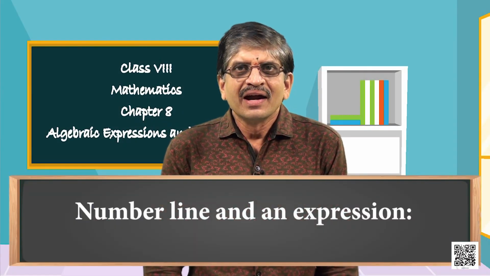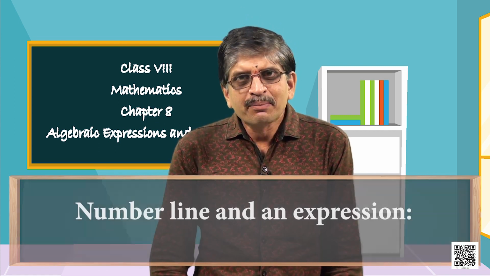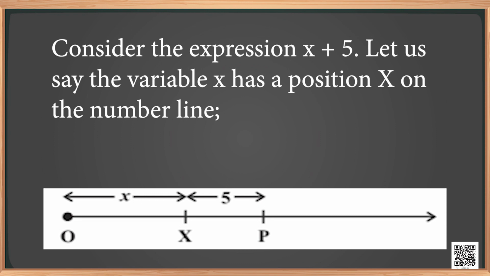Number line and an expression. We now try to represent the algebraic expression x plus 5 on the number line. Consider the expression x plus 5. Let us say the variable x has a position x on the number line.